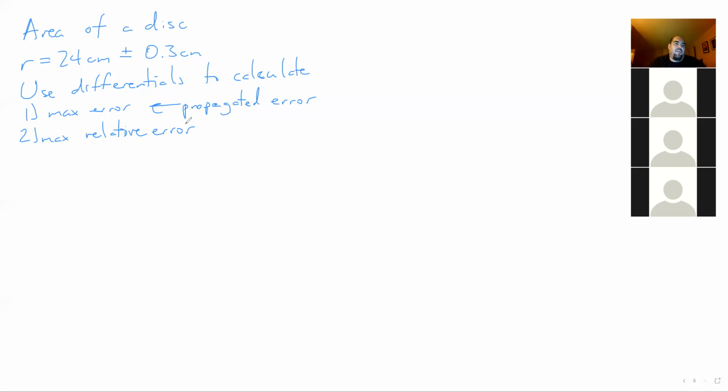So when I measure the radius of this disk, I measured it at what I believe is 24 centimeters, but there's an error in my measurement of possibly 0.3 centimeters. That is going to propagate to an error in area. So first answer is that these two things are interchangeable: maximum error and maximum propagated error. Those are the same thing.